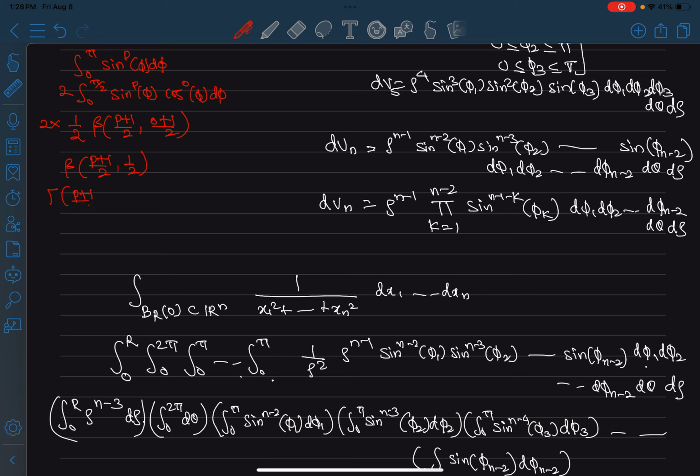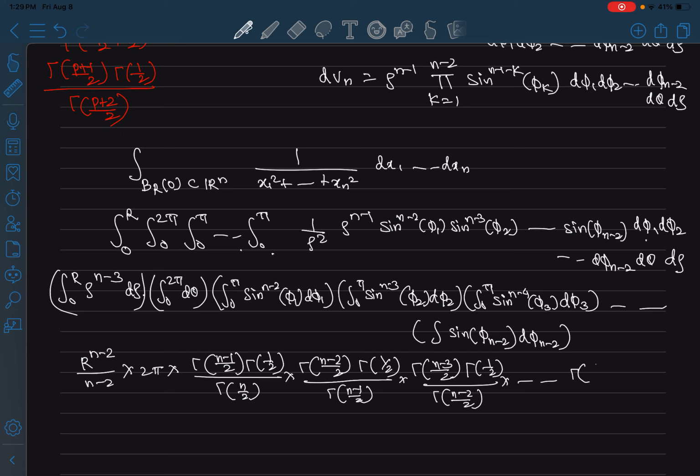Next one, gamma of n minus 3 over 2, gamma of half by gamma of n minus 2 over 2. Next one, and so on. The last one, gamma of 1 plus 1 over 2, gamma of 1 over 2 by gamma of 3 over 2. Yeah? Okay.